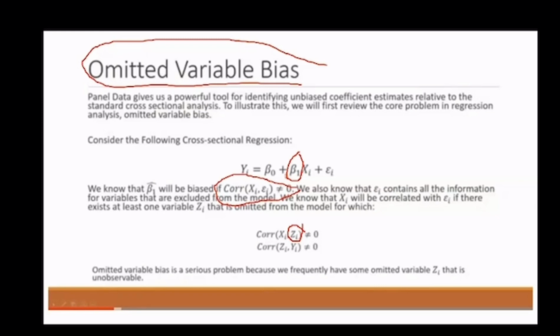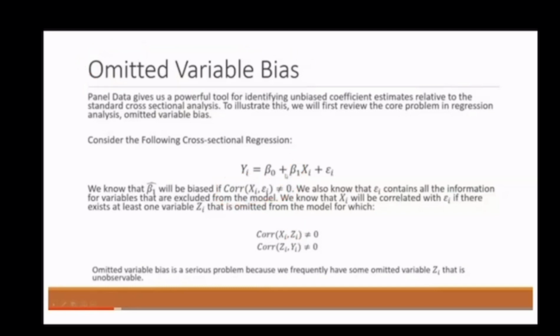So the takeaway is that beta one will be biased when the correlation between what is observed, like here, years of education, and the factor that we did not observe is not equal to zero. It means they depend on each other. When they depend, that will lead to bias. Does that make sense?